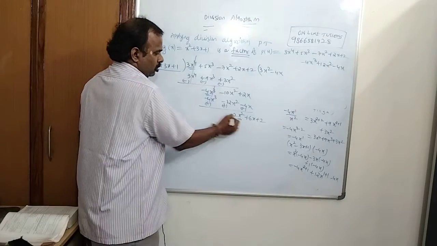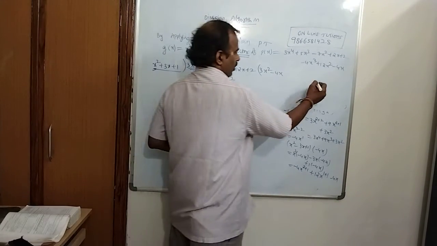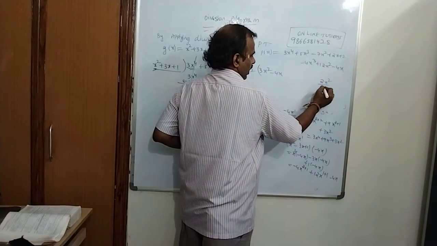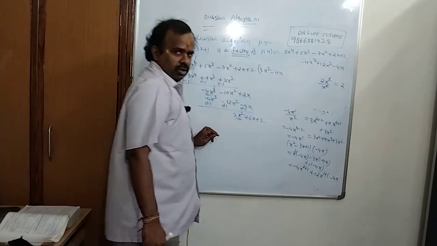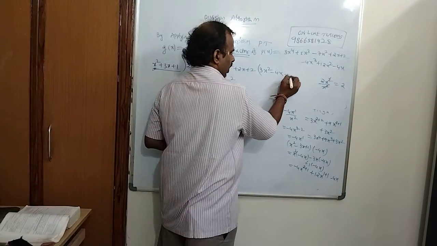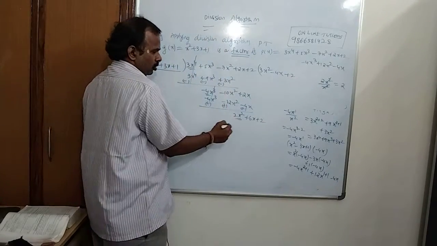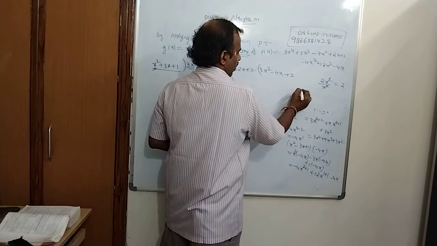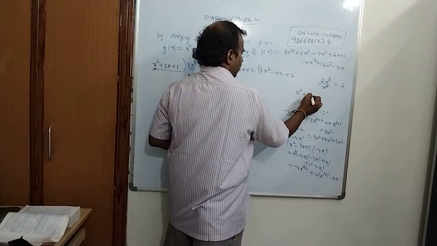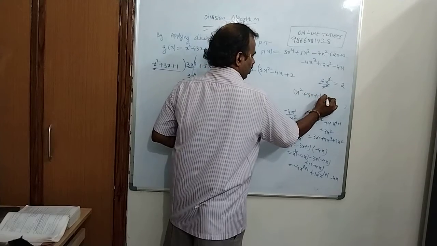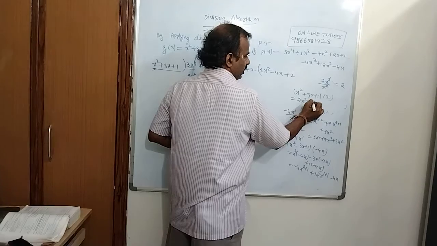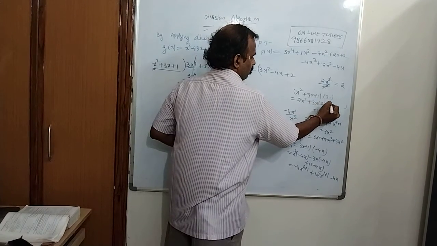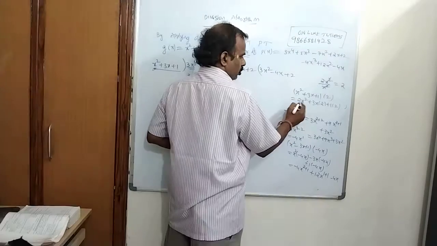Now divide 2x square with x square. So 2x square by x square cancel. It is plus 2. So write here plus 2. 2 into x square plus 3x plus 1: 2 into x square, 2x square, plus 3x into 2, plus 1 into 2.